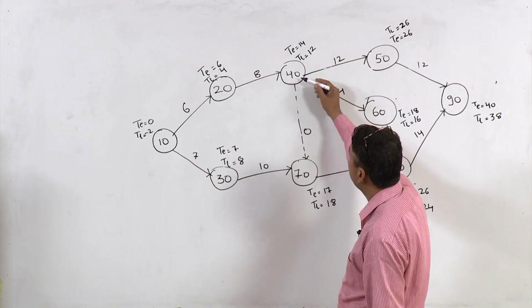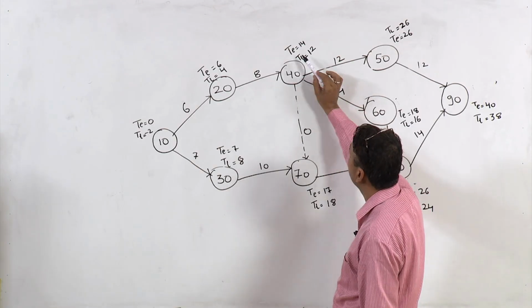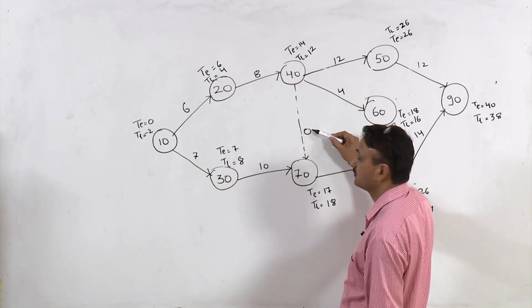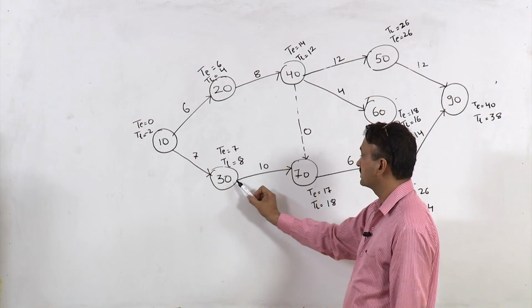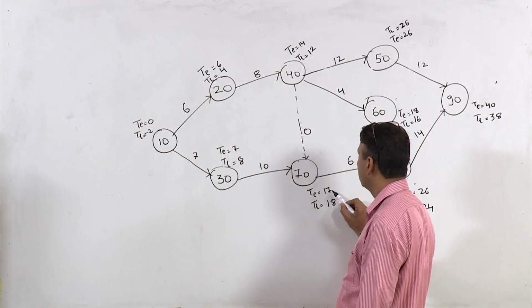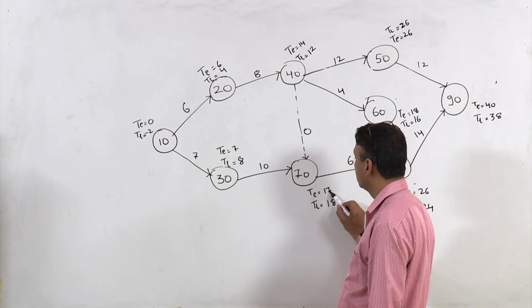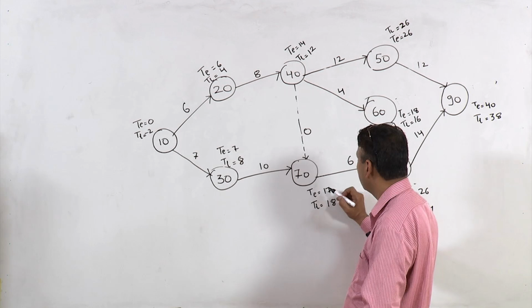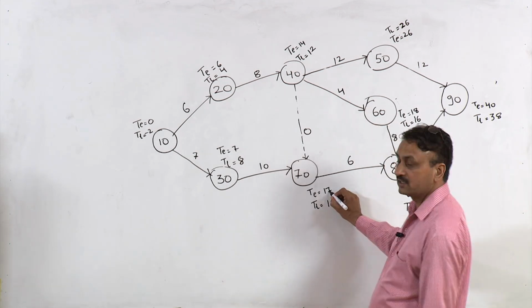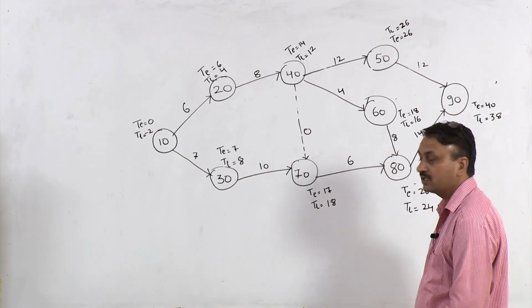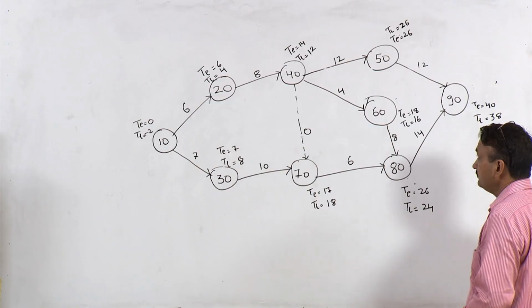Now, from here if you calculate, it would be 14 plus 0, which would be 14, but from this path this is 17. So, 14 and 17, you have to write the higher value, right. So, 17 is TE at this particular node.